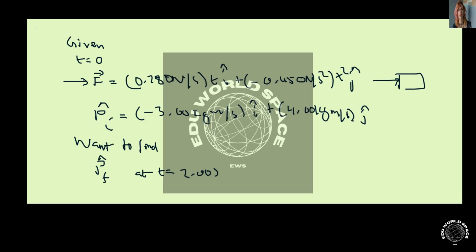There's a force pushing a box, and the force is a variable force dependent on time. You can see that in the formula. We have this variable and that variable, and the force is responsible for the change in momentum.